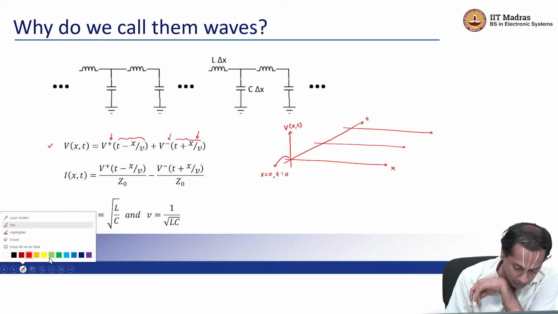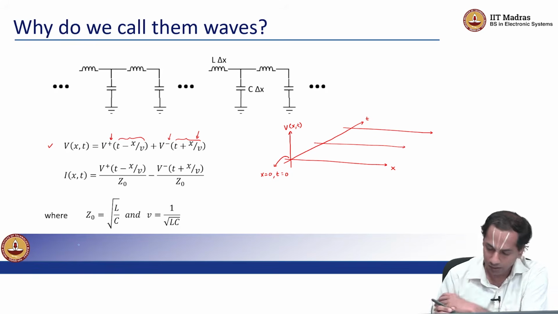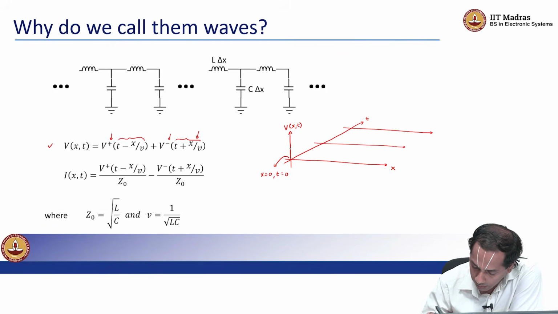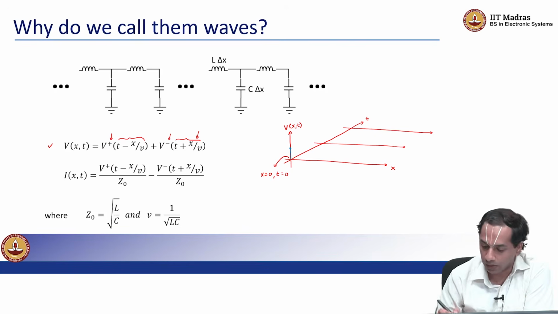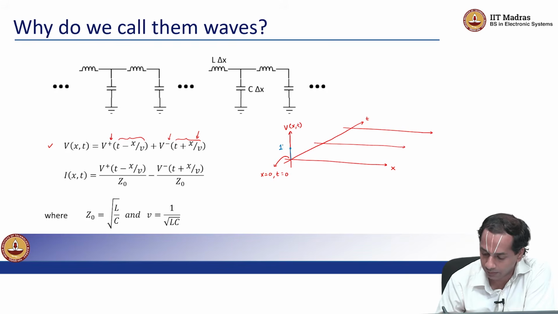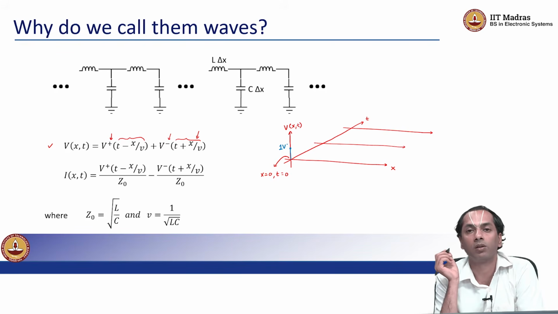So let's say I measure at that particular instant some voltage, say 1 volt. Okay, I measure 1 volt at some location x equals 0 and t equals 0.